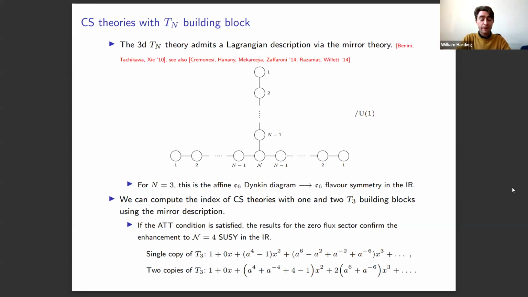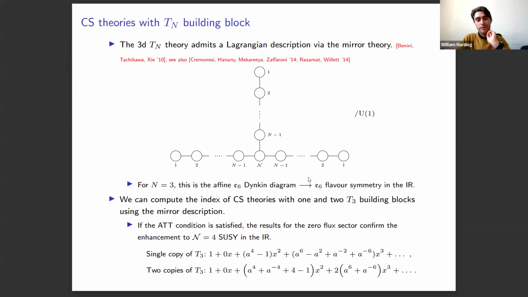And in the T_3 case, we did not find any signal of SUSY enhancement from the index. Now, there might be two answers to this point. The first one is that, as I already said, this might be special only for the T_2 case because T_2 is Lagrangian. But the other answer might be that computing the index for the T_3 case is hard.